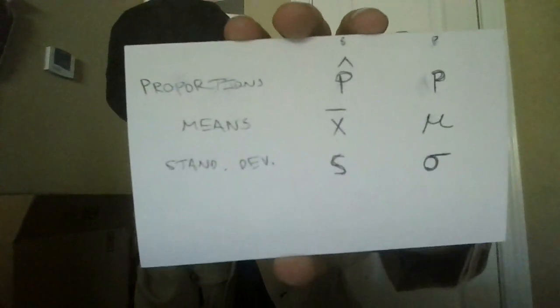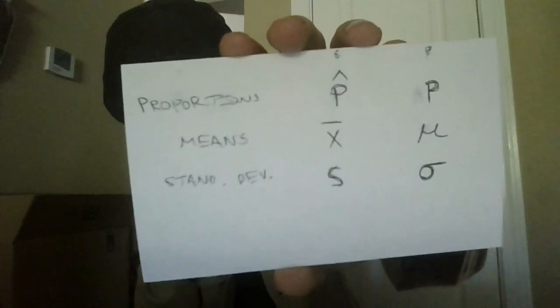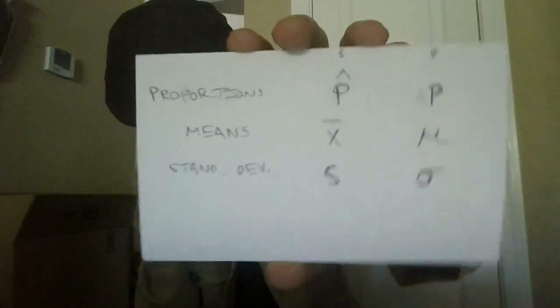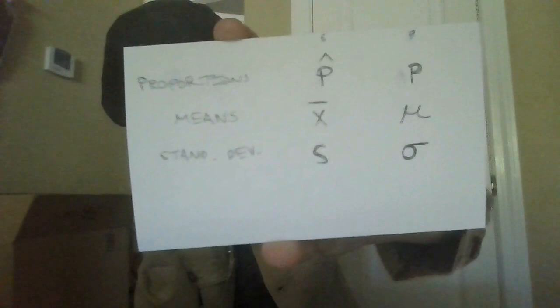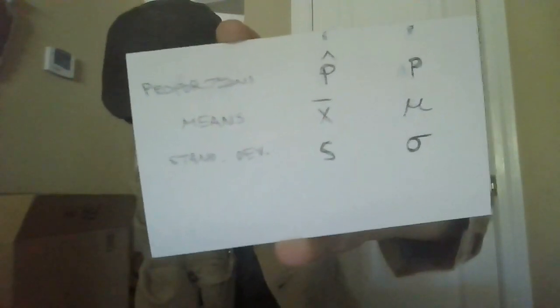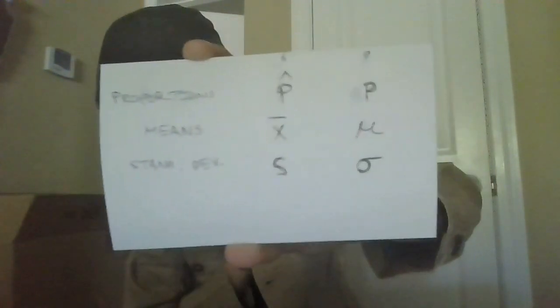For means, use x bar for sample, use mu for population. For standard deviation, use s for sample and use sigma for population. Sample standard deviation isn't something that you use that much, so you might be like, I don't usually see s. Well, sometimes you might have to use that, but it's not that often.